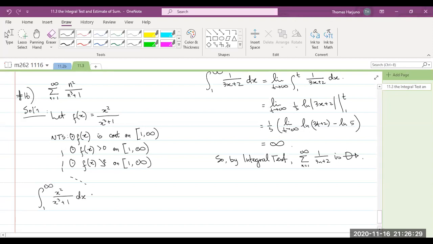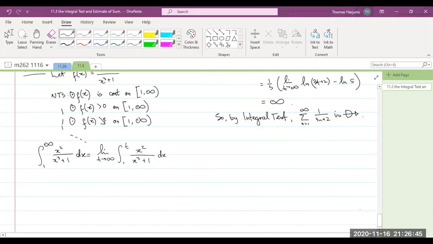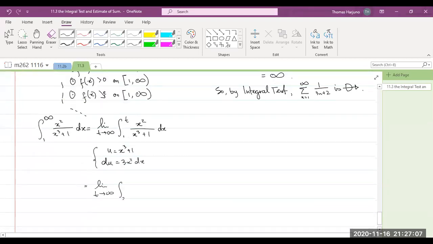Okay, which is equal to limit t goes to infinity of the integral 1 to t of x squared over x cubed plus 1 dx. Use u substitution. So now I have limit t goes to infinity of the integral, when x equals 1, this is 2.